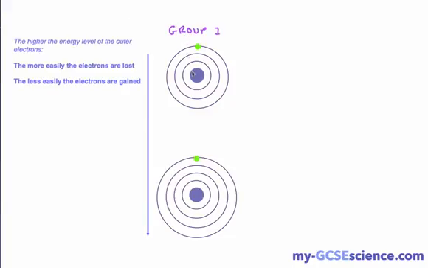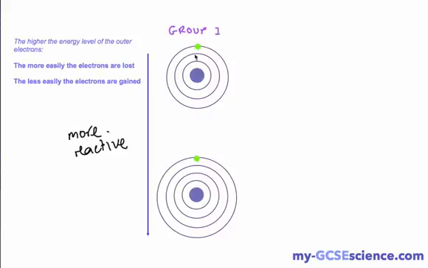Here are two atoms from group 1, and as we said, the further down you go, the more reactive the elements. Remember, this is group 1, and the way we think about this is we look at the outer shell electron. Remember, there is only one electron in the outer shell of the group 1 elements, and it's the same for all group 1 elements, one electron in the outer shell.